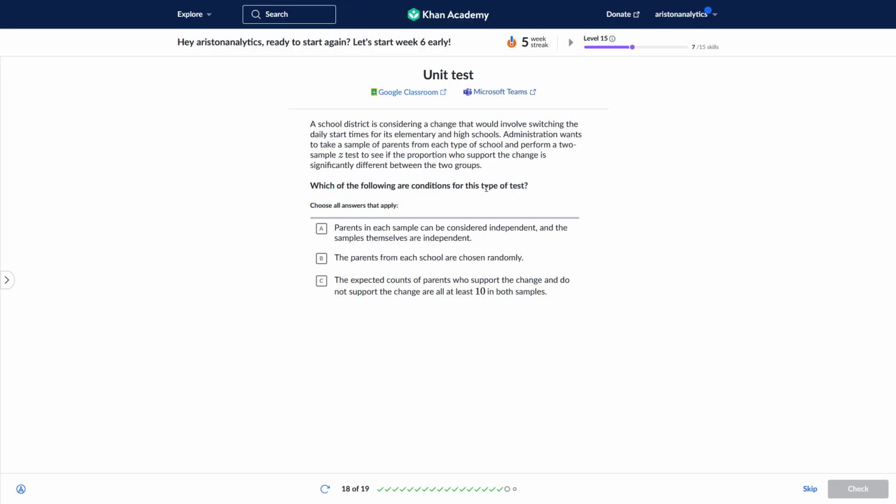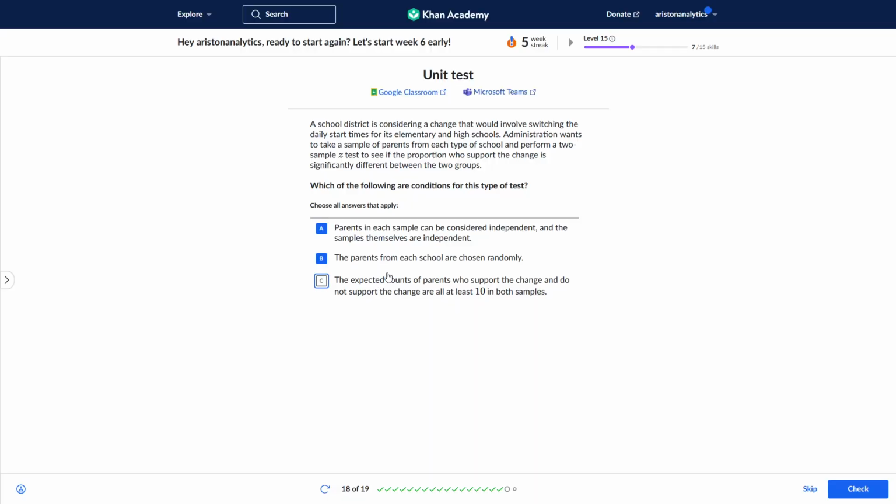Parents in each sample can be considered independent, and the samples themselves are independent. Yes. Parents from each school are chosen randomly. Yes. Not sure if that's a trick condition.